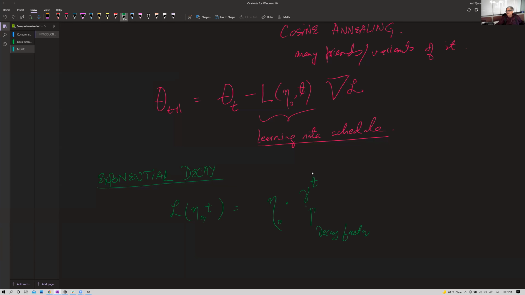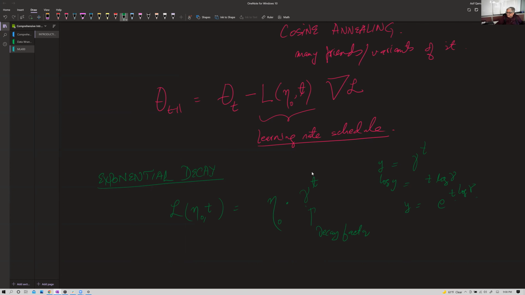By the way, a gamma to the power t can be written also using e. How can we do that? Let's say y is equal to this, log y would be t log gamma. And so y would be e to the power t log gamma, isn't it? So your intuition is not far off, right?